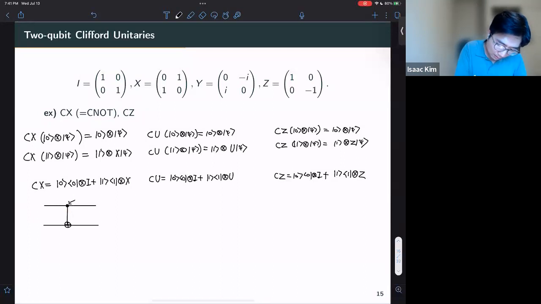So we often call this the control qubit. And this is the target qubit. Maybe it'll be instructive to write this down in terms of colors. So these reds, these are the control qubits. Okay, and the blue, these are the target qubits.